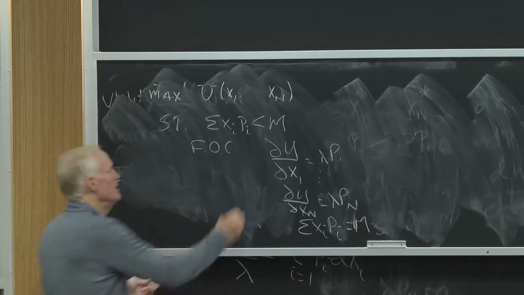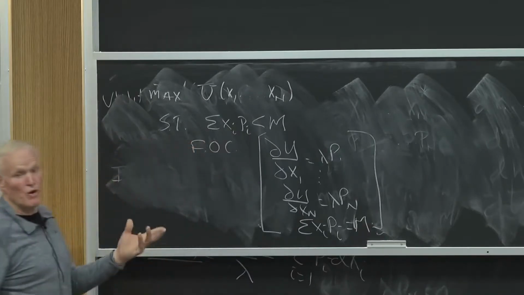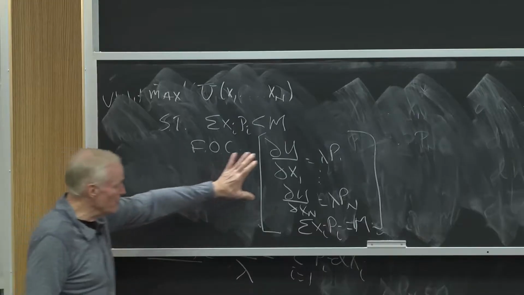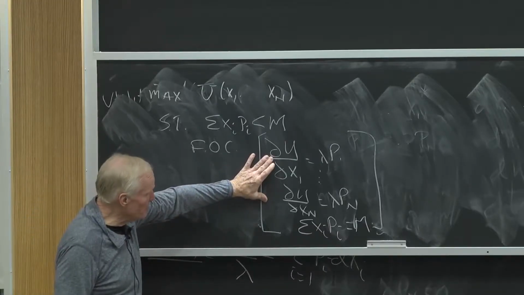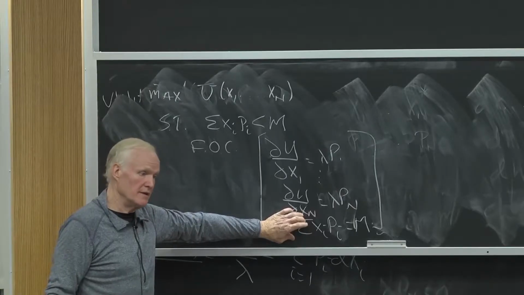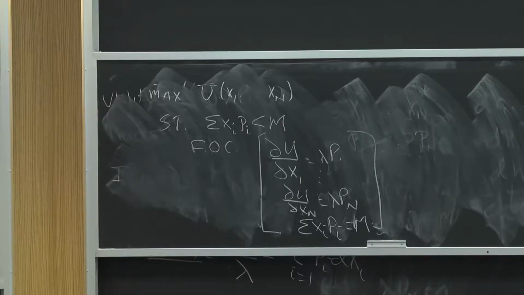Those are my n plus 1 equations in n plus 1 unknowns. So the n plus 1 equations are the proportionality between prices and marginal utilities and the budget constraint. The budget constraint is going to turn out to play a major role here, and I'll come back to that a little later. All right?